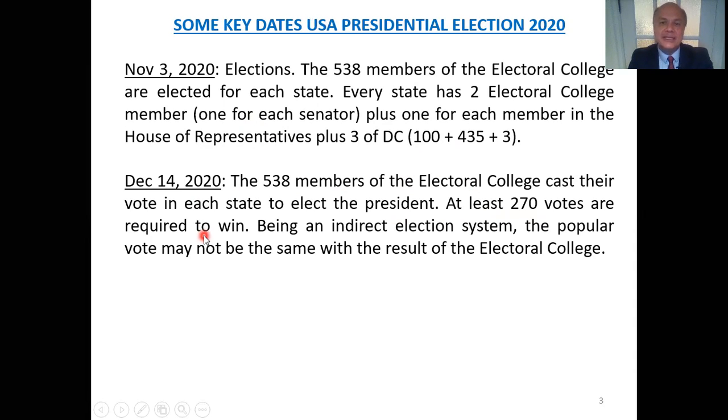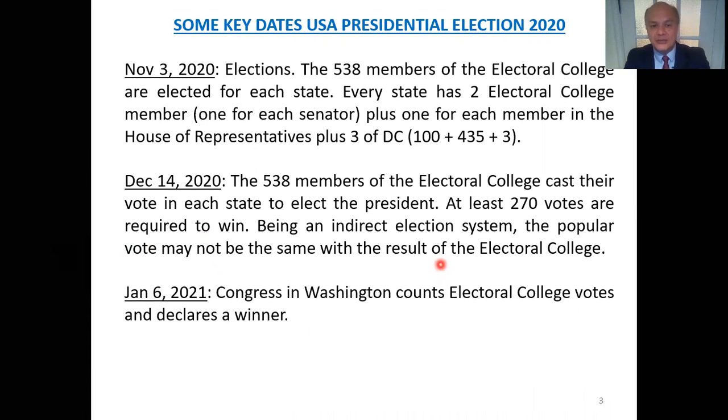Since it is an indirect election system, the popular vote may not be the same as the results in the Electoral College. We will see that in 2 cases in these last 60 years, the popular vote has been different to the results in the Electoral College, and that will be years 2016 and 2000.